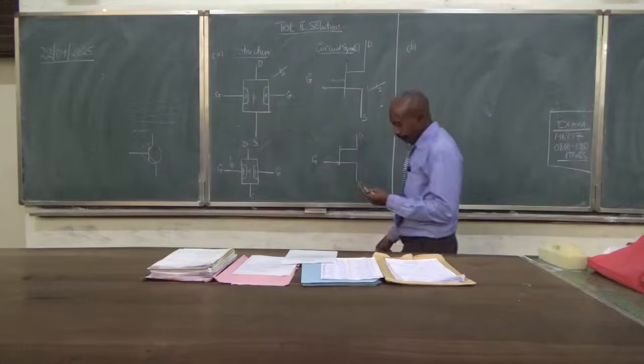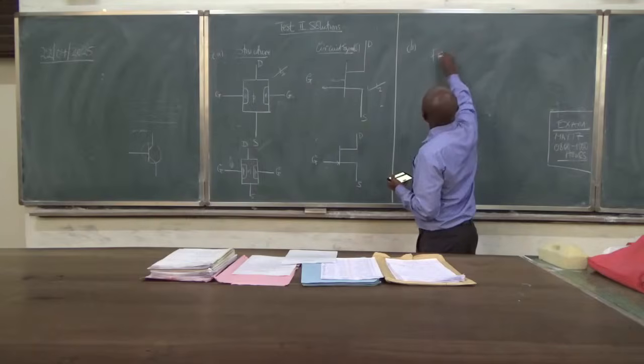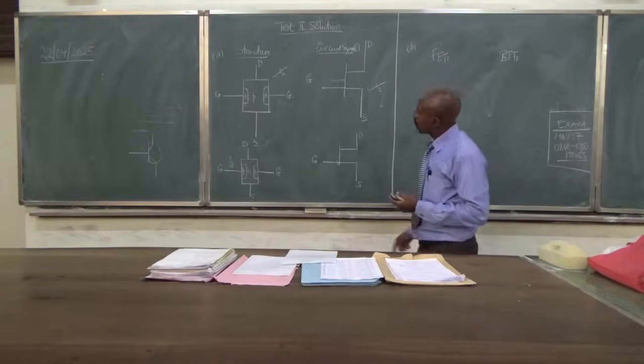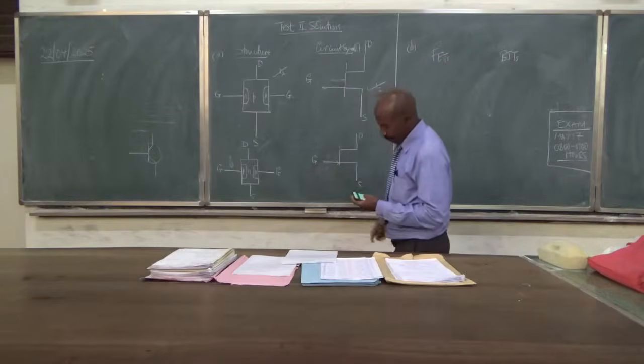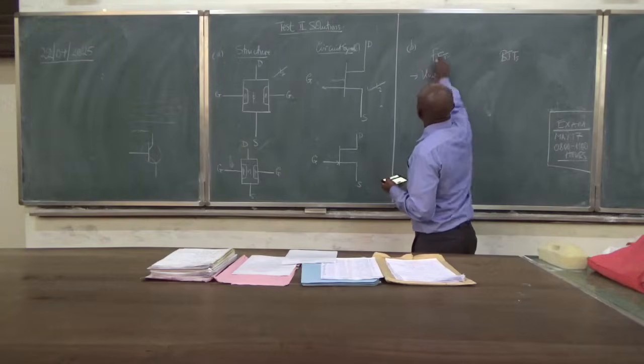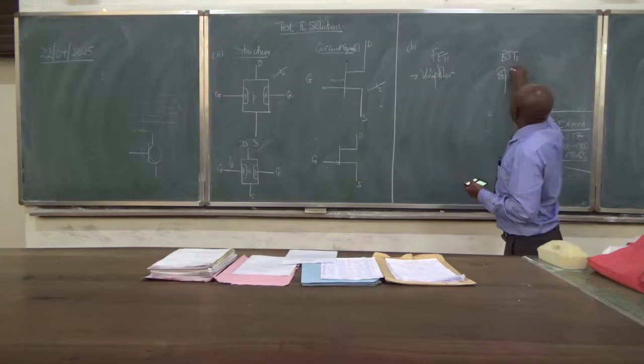And then the comparisons are that we have FETs here and BJTs here. These are unipolar. These are bipolar.